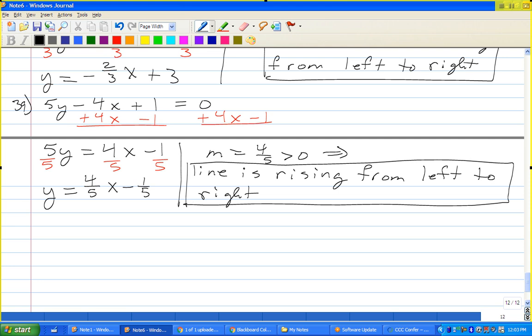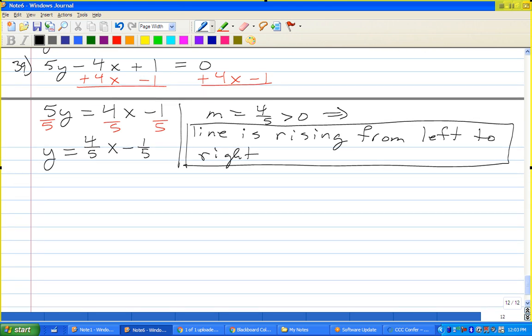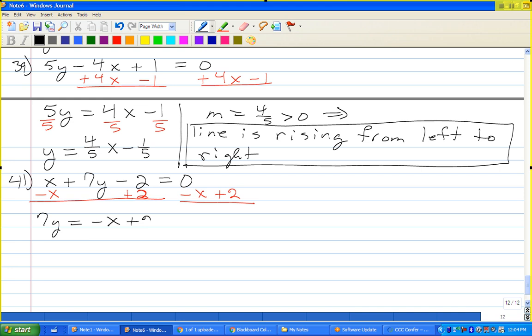Let me do 41. x plus 7y minus 2 equals 0. Subtract x. Add 2 to both sides of your equation. So 7y is equal to negative x plus 2.